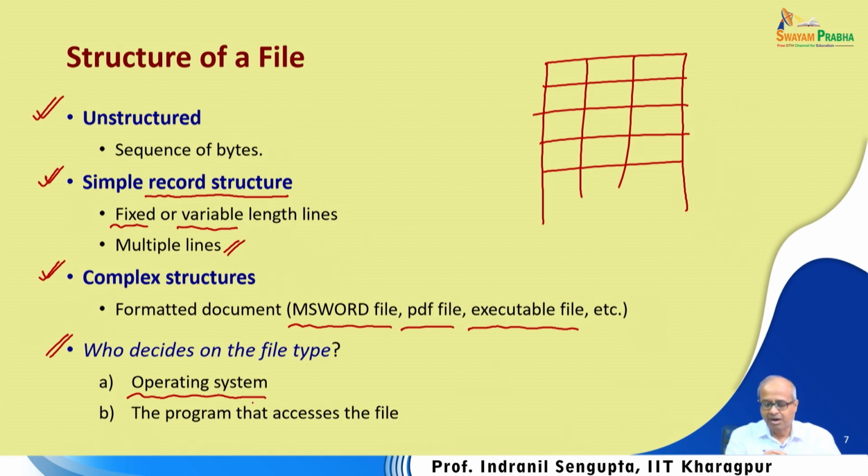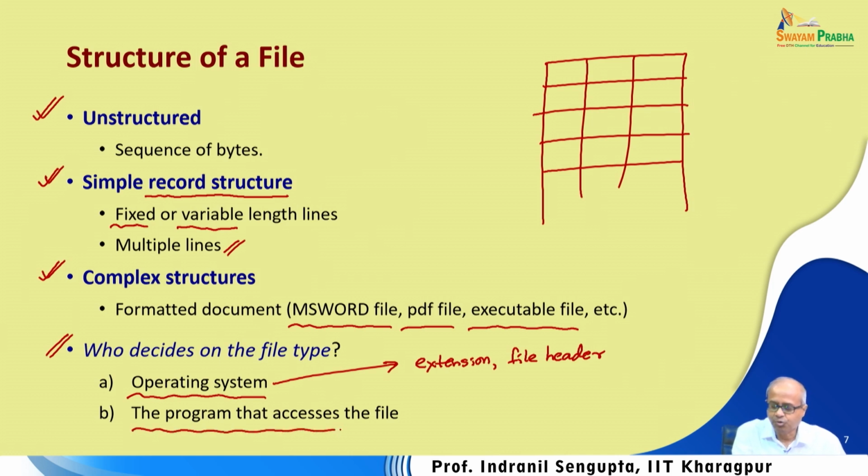Typically, the operating system will identify it by looking at the file extension, this is one thing, and also by looking at the file header. There is some special information stored in the file header which can also tell what type of file it is, and also, most importantly, the program that accesses the file.